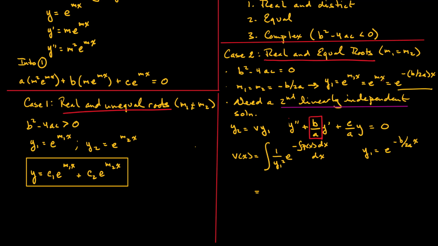I will let you carry this out on your own, and I'll give you the final answer right here, where we find that v of x is actually equal to x.